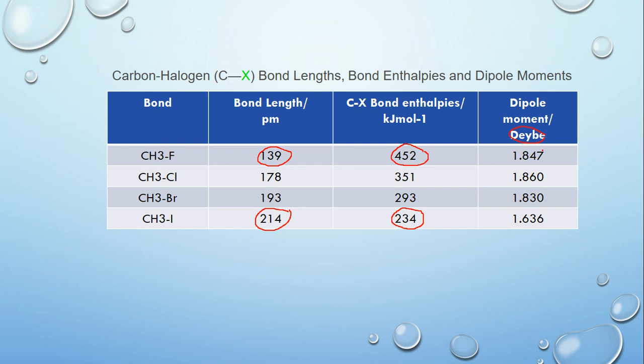The highest is for CH3Cl, and the lowest is for CH3I. So this is about the bond length, the bond enthalpies, and the dipole moment.